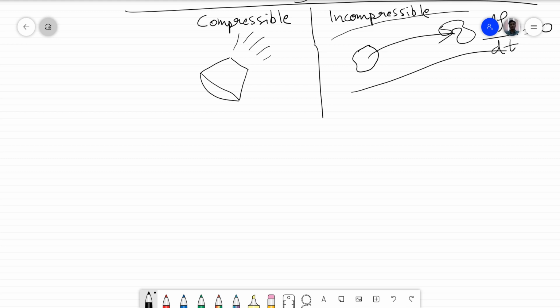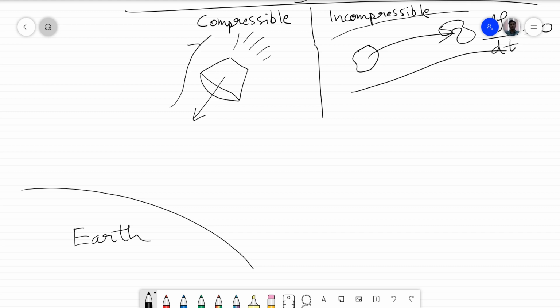So this is a re-entry vehicle. This is Earth, let's say. And after completing a mission or after a rocket launch, usually these days there are re-entry vehicles which come back to Earth. So the flow of air past this re-entry vehicle doesn't look like what I have drawn with the streamlines.